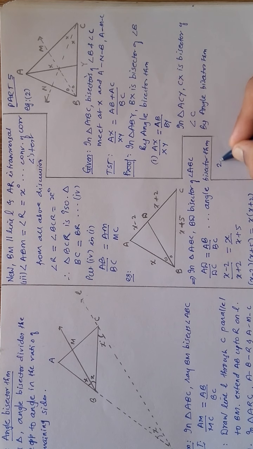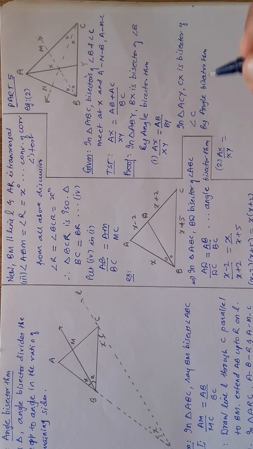So I will get here AX is to XY, and as I have explained, it will become AC is to CY. Agreed?